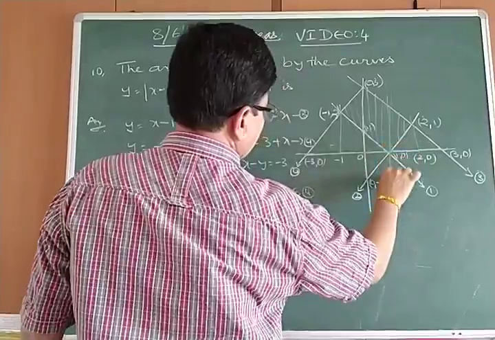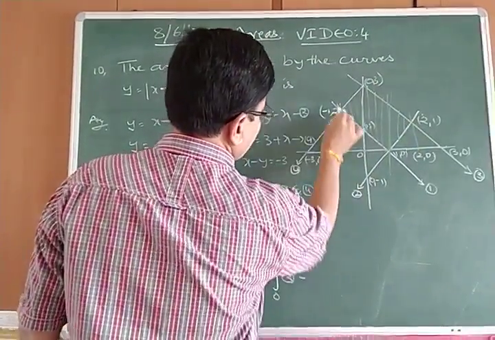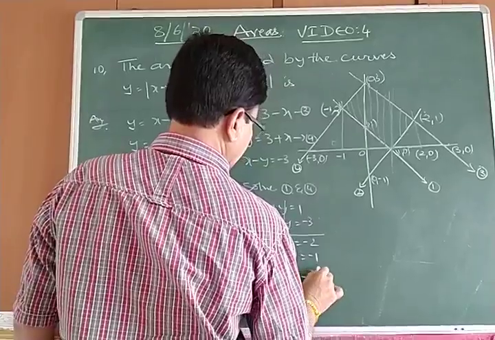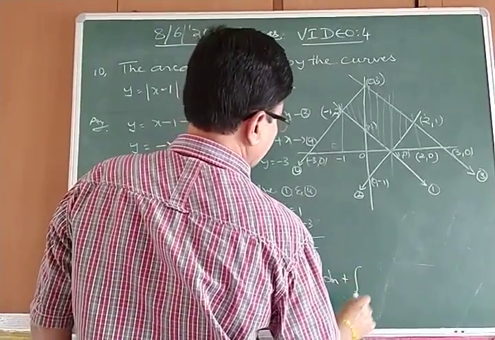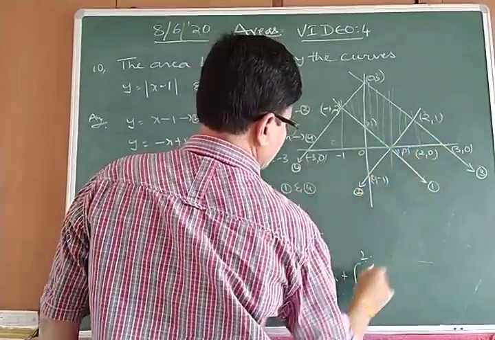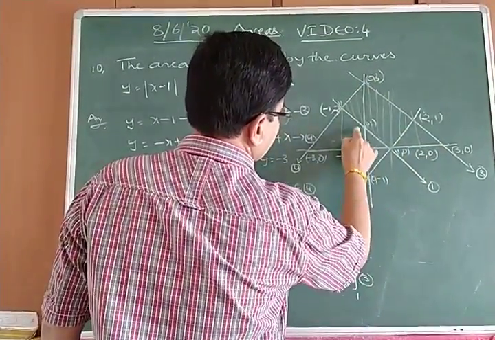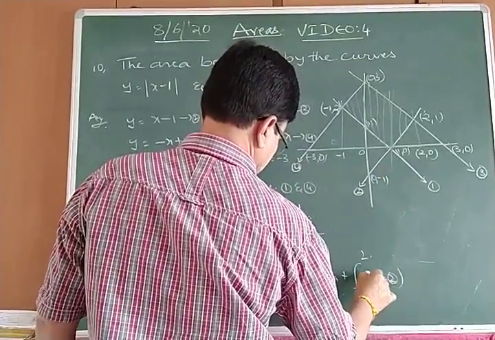In this interval, the upper curve is the third equation minus the lower curve, the first equation, dx, plus the integral from 1 to 2. In this interval, the upper curve is the third one and the lower curve is the second one, dx.